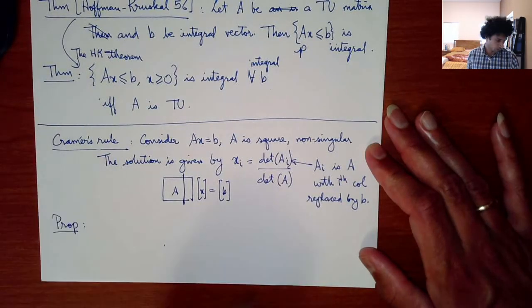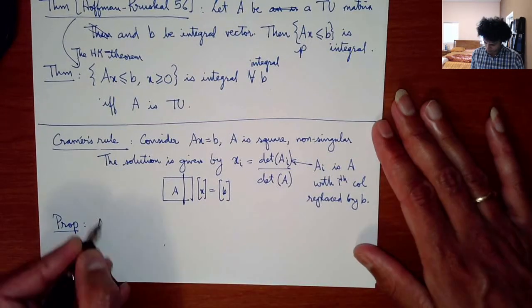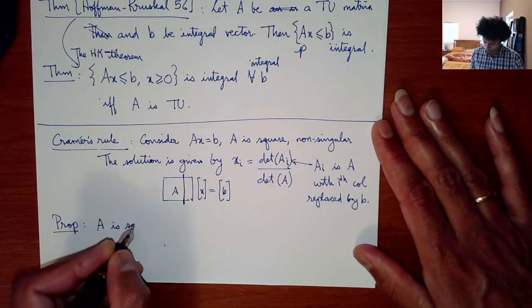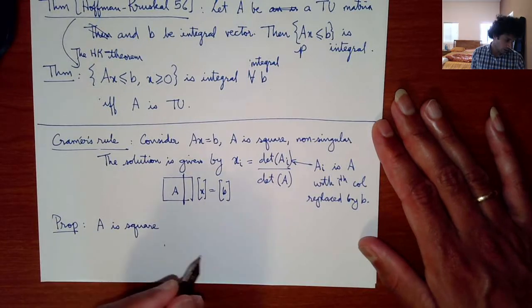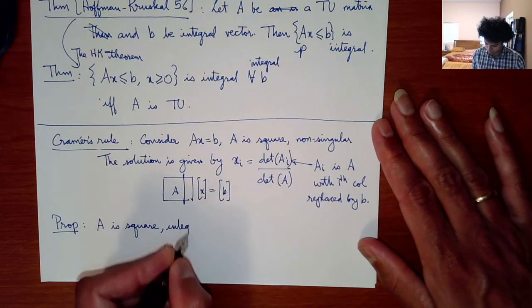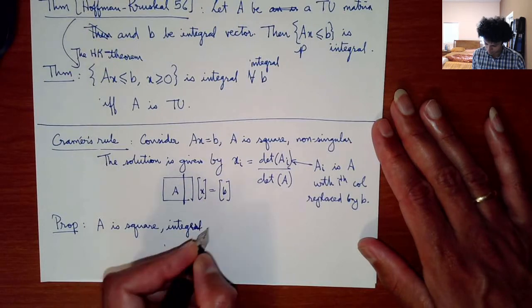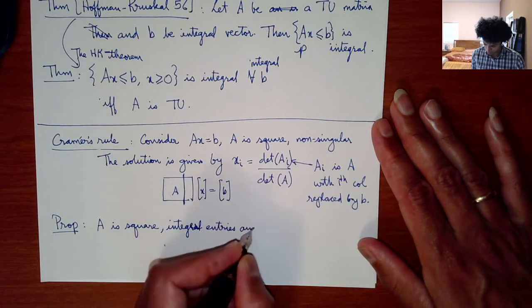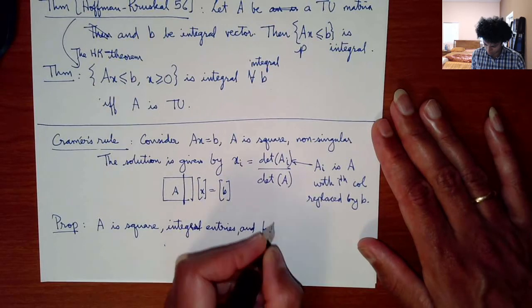So I'll start with the proposition. A is a square matrix, integral, so integer entries, and full rank, so it's non-singular.